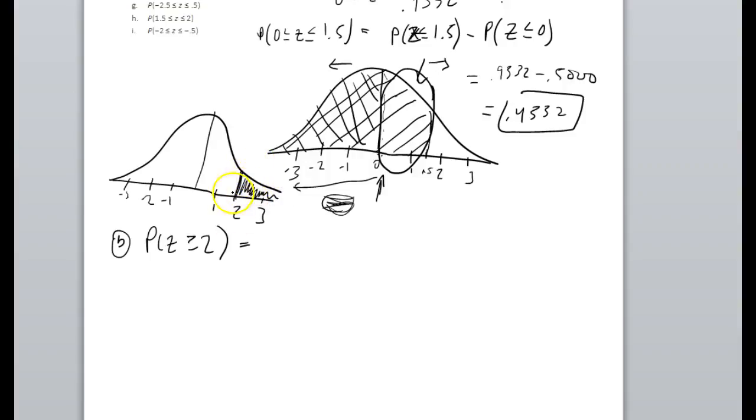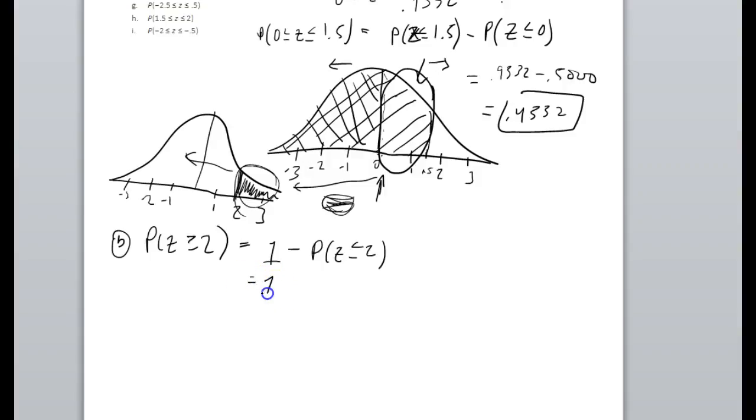Okay, we know if we looked up the z-value of 2 in the table, it would give us all the area back this way. But we need to know this area. So that's easy, right? We know that the total area under the curve is equal to 1, so we could just say, well, then this is just going to be 1 minus the probability that z is less than 2, which is the value that we can look up in the table.